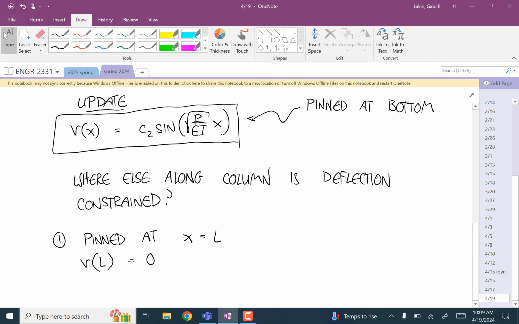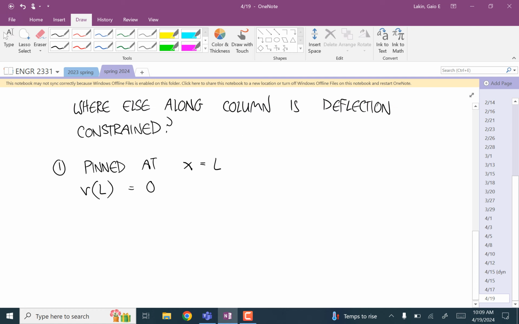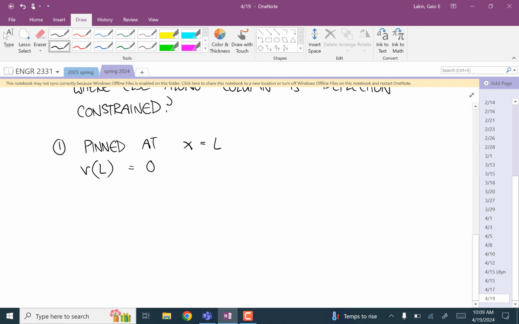We don't want the trivial solutions. I mean, we know that our constraints are going to be met if the deflection is 0 everywhere, but that doesn't do us any good in this case. And so we're going to say that C2 times the sine of the square root of P over EI times L is equal to 0.